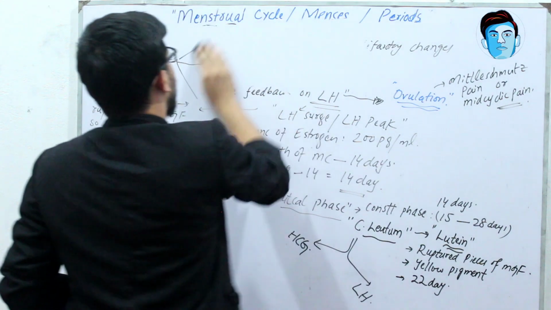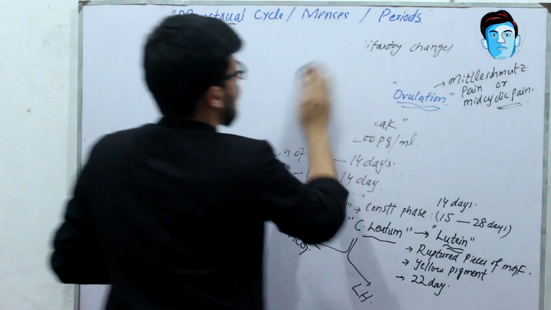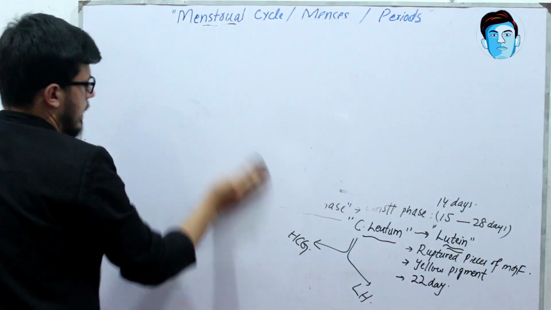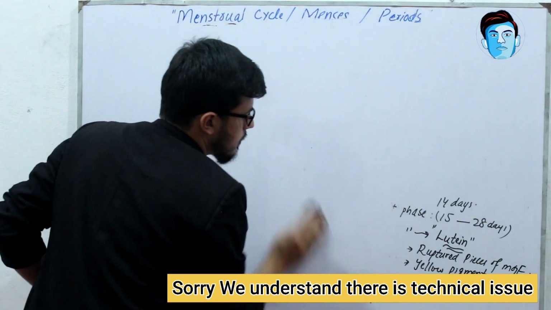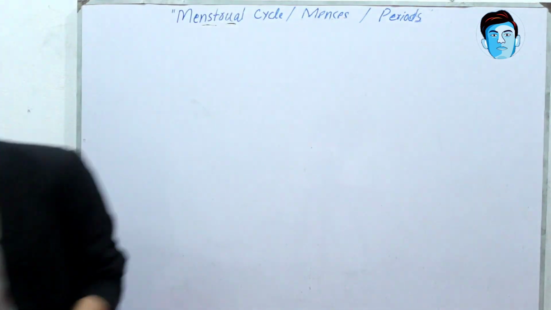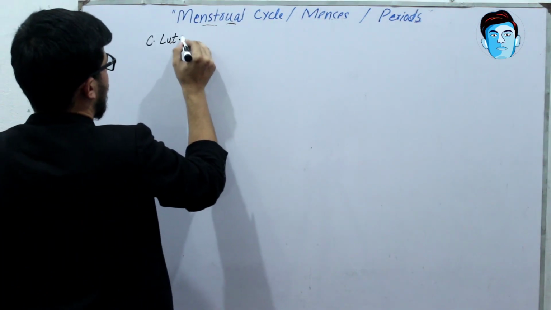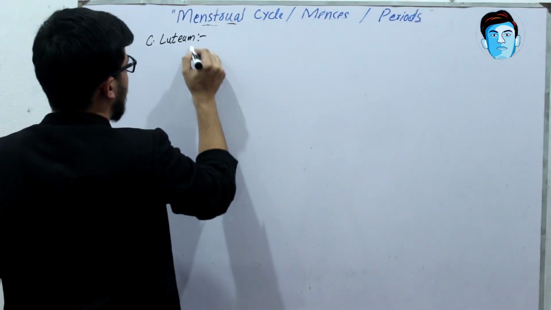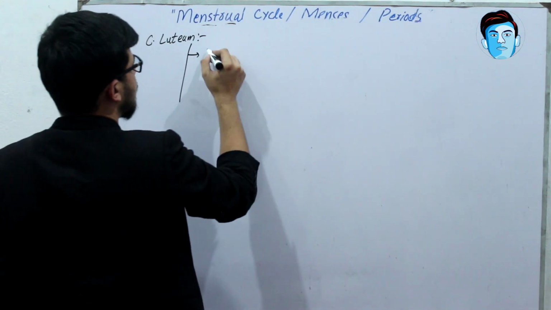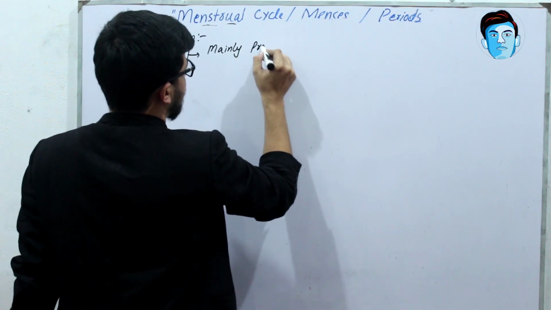Important hormones are released from the corpus luteum. It secretes mainly progesterone. Mainly it secretes progesterone.